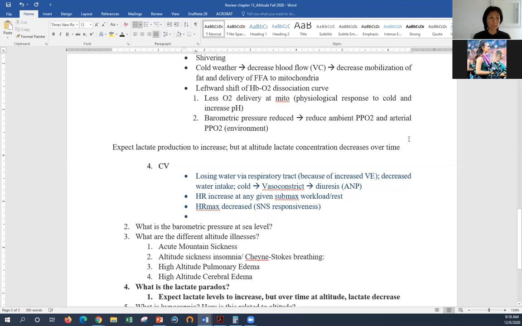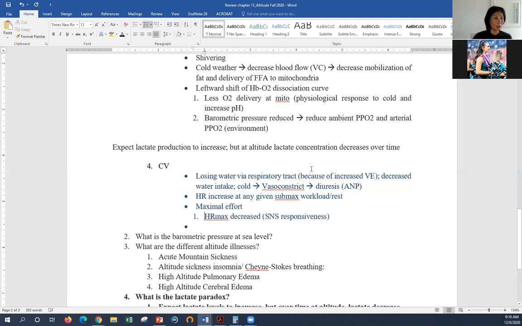Also, since our maximum heart rate is decreased and our plasma volume is decreased, this is also going to decrease our maximum cardiac output, because our cardiac output is equal to heart rate times stroke volume.